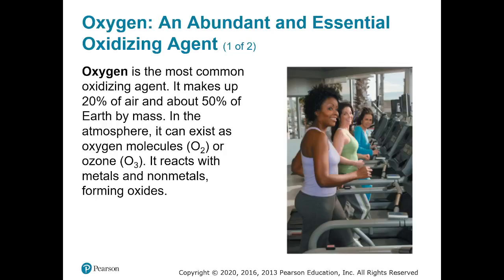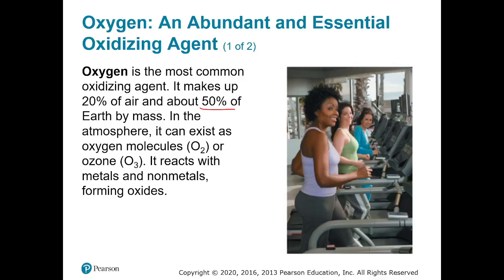So, oxygen reacts with many things. It reacts with metals and nonmetals, forming different oxides. This is why so much of the Earth's mass is actually oxygen, because it reacts tremendously with the different metals and nonmetals to form various minerals. There are massive numbers of carbonates, which is a form of oxygen-containing mineral, and a large amount of the planet is made up of those.